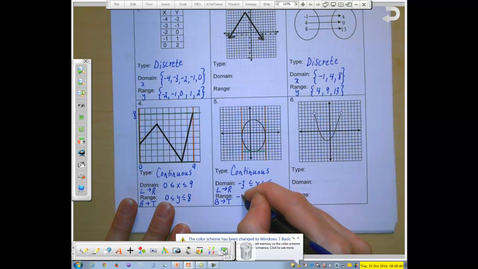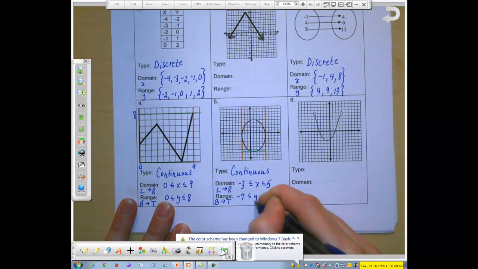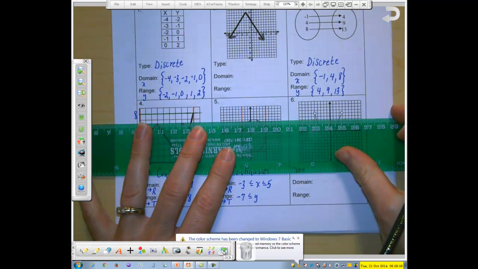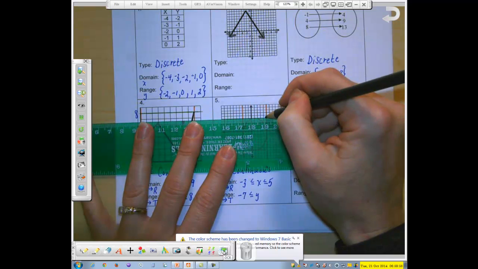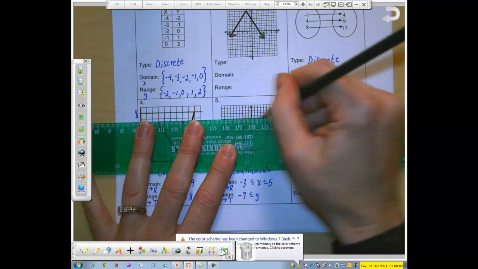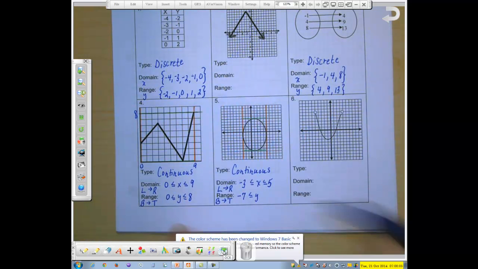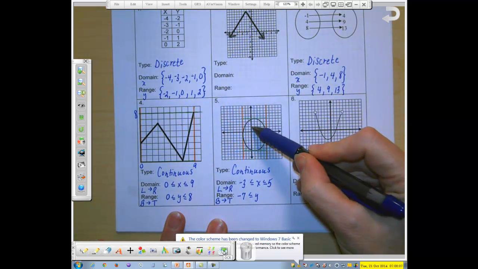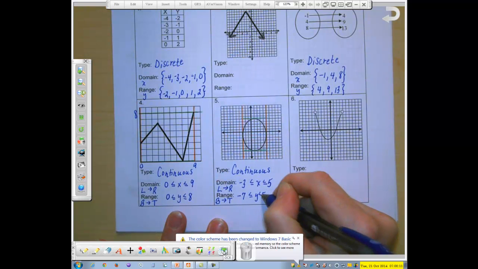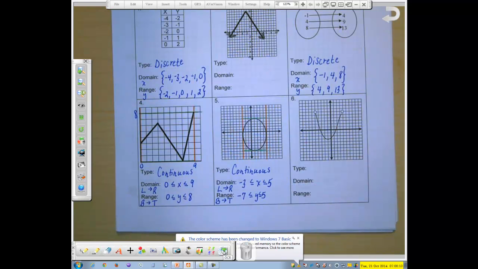So the bottom boundary of our range is -7. Let's find our top boundary. Our top boundary is going to be 1, 2, 3, 4, 5. So our range is all y values between -7 and 5, also including -7 and 5.